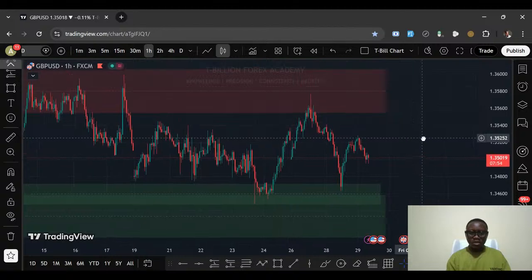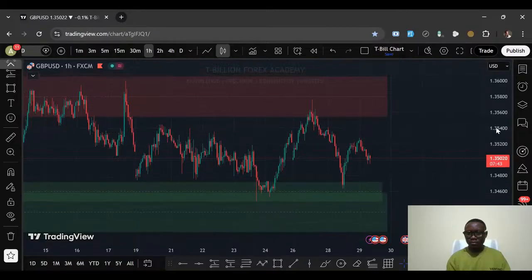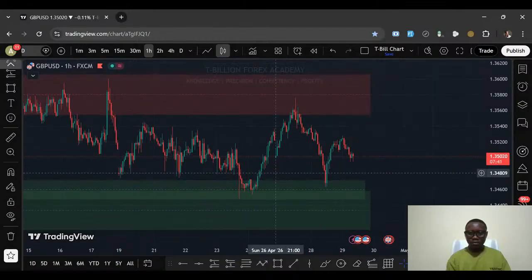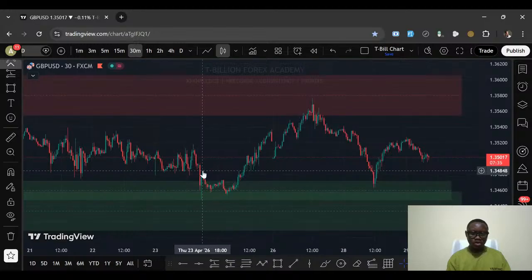So let's look at this. Now let's drill down to the 30-minute time frame. I want to have a clearer view of this structure.